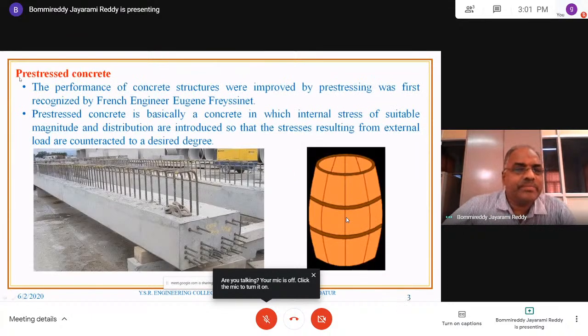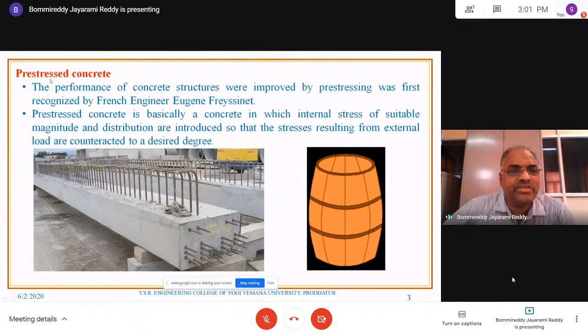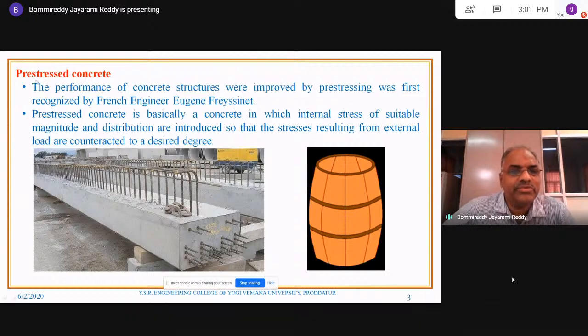Pre-stressed concrete. So here understand the name of it, pre-stressed. That means the stress is being introduced before the application of the load on the structure. Before the application of the load on any member, the stress is induced in the concrete member, and that is called pre-stressed concrete.